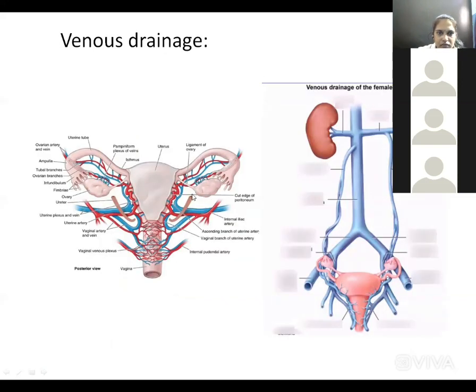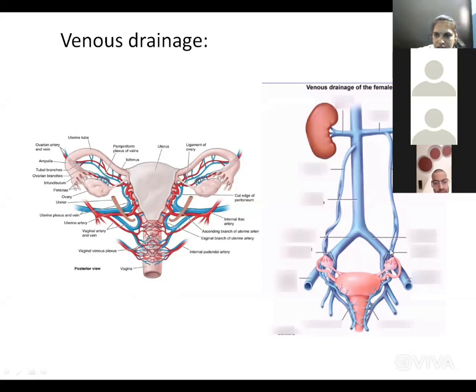Venous drainage. Again you can see this is the anterior border. The veins are emerging out of the anterior border over here. They will form a plexus around the artery, then run outward, that means through the suspensory ligament, and at the pelvic brim it forms a single vein.